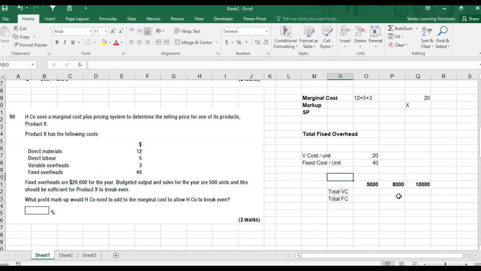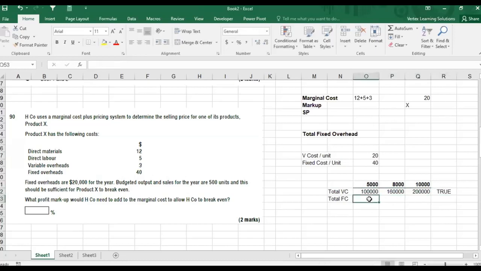They put 5,000 multiplied by variable cost of 20, then 8,000 multiplied by 20, and that is correct. 10,000 multiplied by 20. The more you produce, the more variable cost you will incur, and that is true. I have no problem with that.